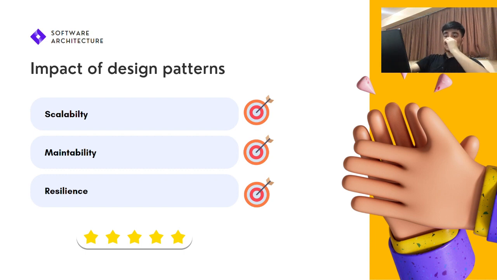So firstly, about scalability. The service registry helps our system grow smoothly by making it easy to add new services. Instead of each service needing to know about all others, they can just register themselves with the registry. This makes it simple to add or remove services without causing disruptions.